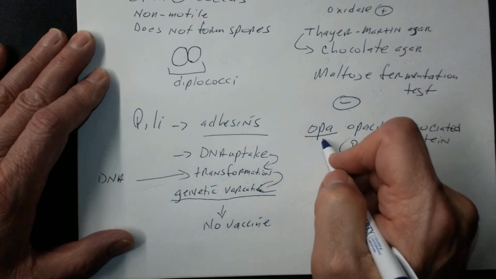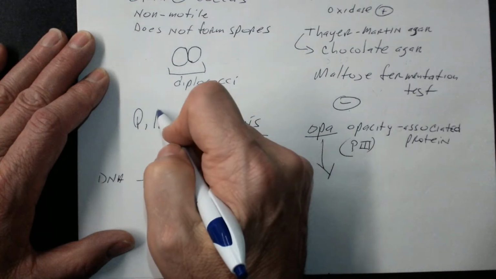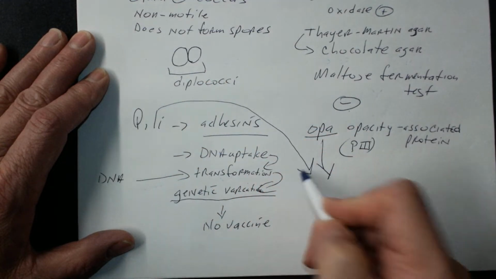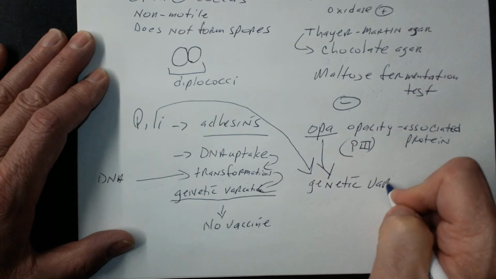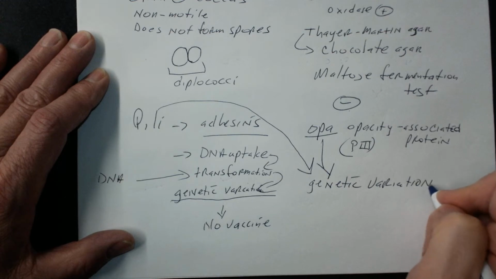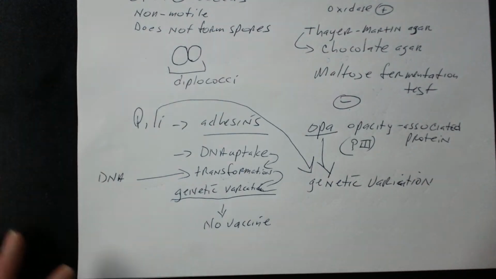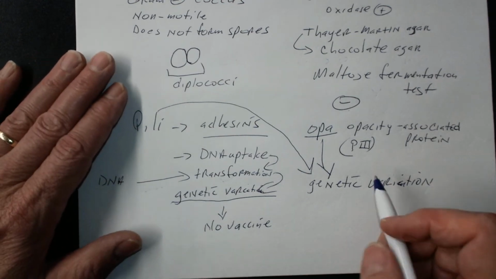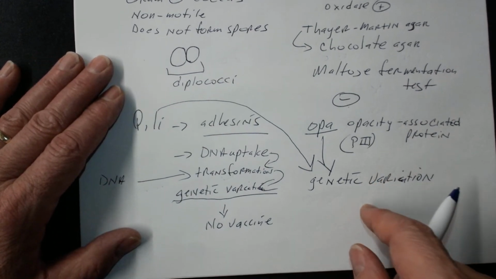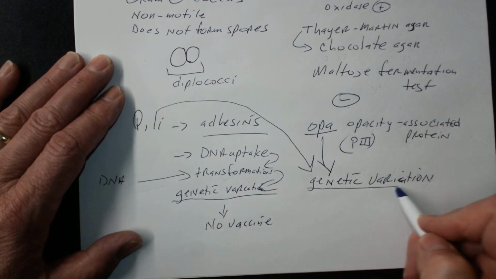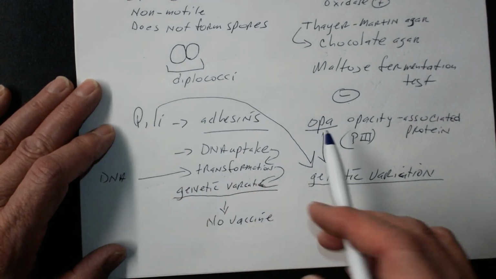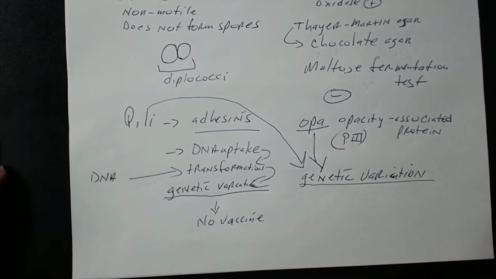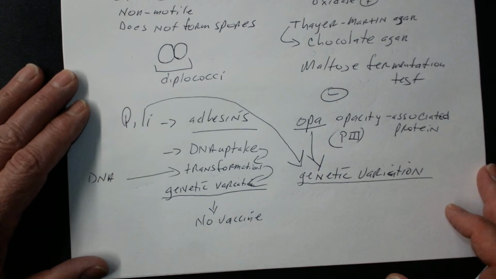This protein and your pilus protein is subject to extensive genetic variation. And this is due largely to a replication process that makes lots of mistakes when these are made. Therefore, these two proteins that are very immunogenic vary tremendously, and the immune system has a really rough time staying ahead of the organism.